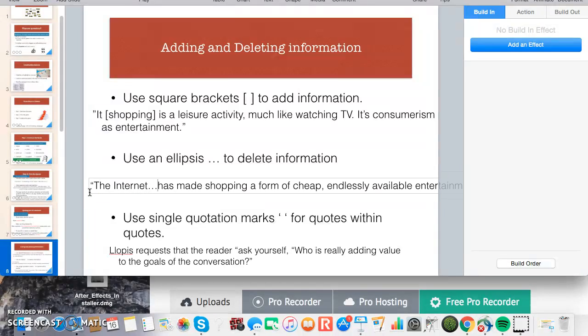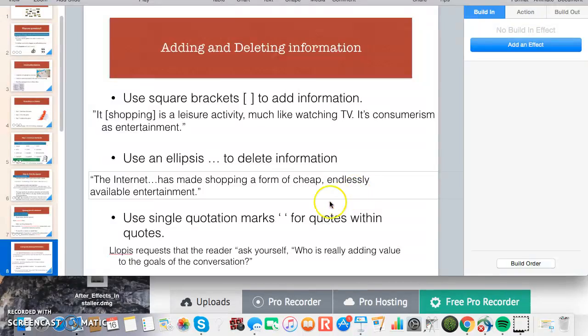Okay, and we can bring that back, and this is how our quote is going to look. Okay, so it's possible to delete information if we just use those 3 dots, no more than 3.